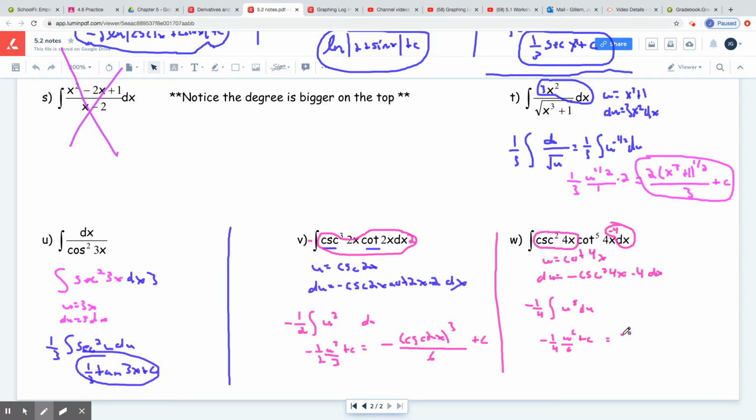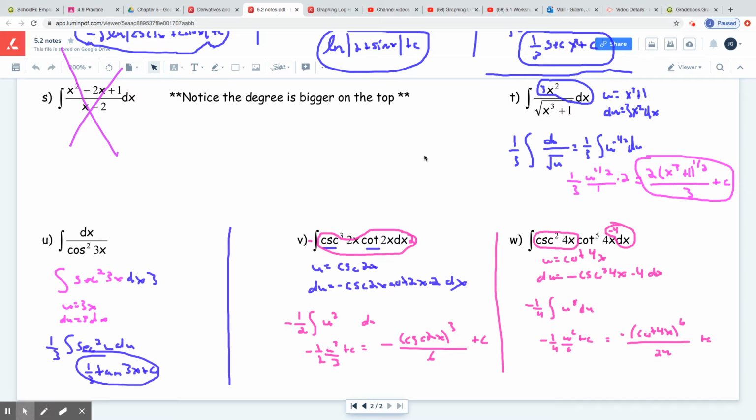So it's negative cotangent 4x to the 6th power over 24 plus c. All right, so that concludes section 5.2.